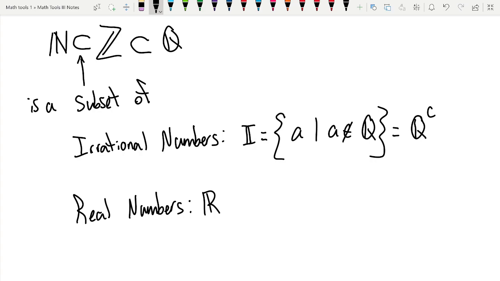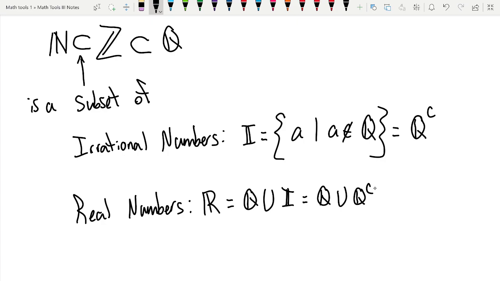We've seen this symbol before for R, and we usually say this is equal to Q union I. So the rational numbers and the irrational numbers, or we might say Q union Q complement, for example.